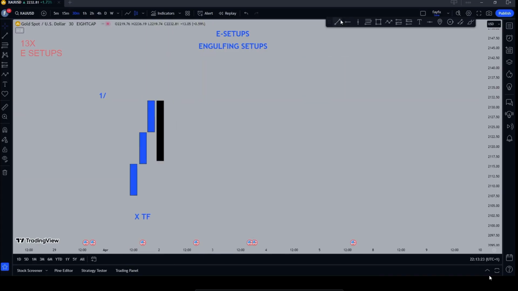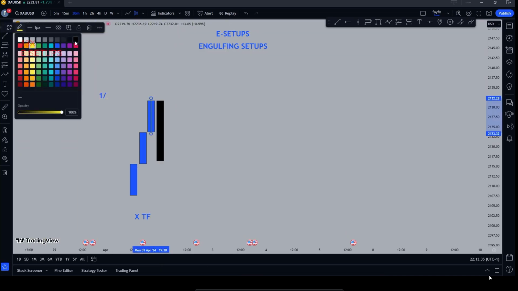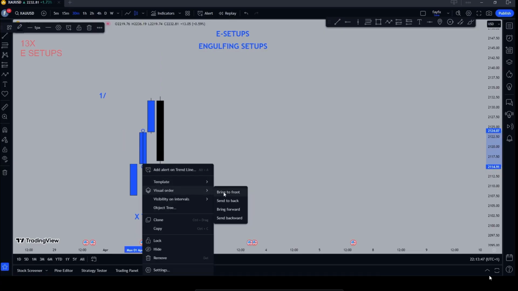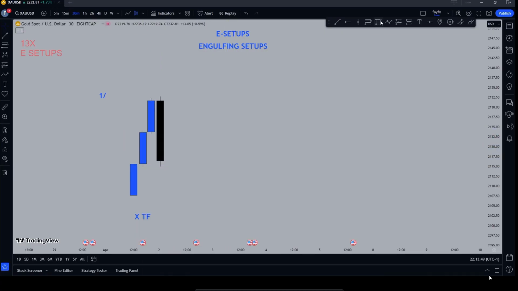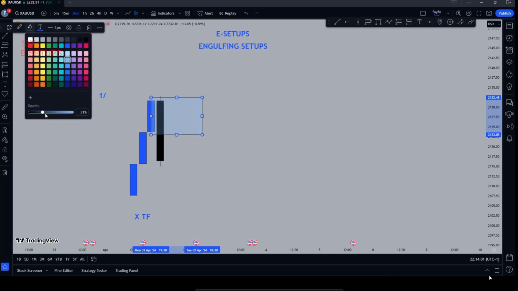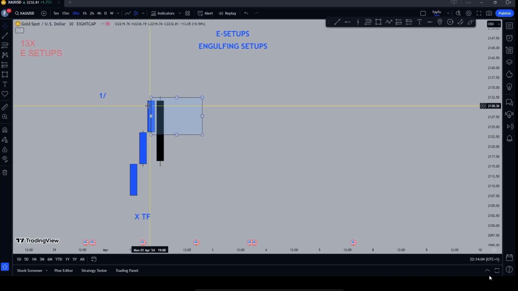We have a bearish candle, a bearish engulfing candle. This is our bearish engulfing candle in X time frame.